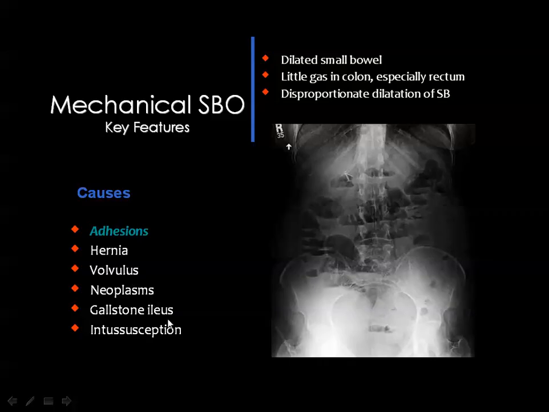Also some neoplasms and gallbladder stones whenever they perforate the gallbladder and pass into the intestine, and of course in cases of intussusception. In cases of mechanical small bowel obstruction, you can see dilated small bowel loops and little gas in the colon, especially in the rectum, with dilatation of the small bowel and multiple air fluid levels in the erect film.